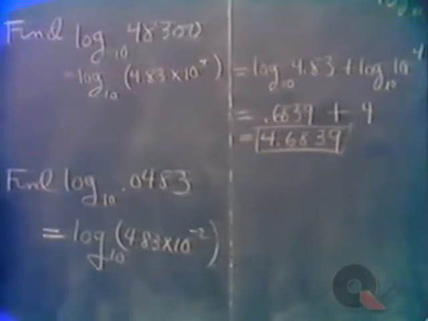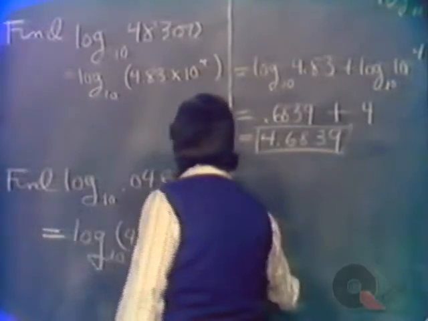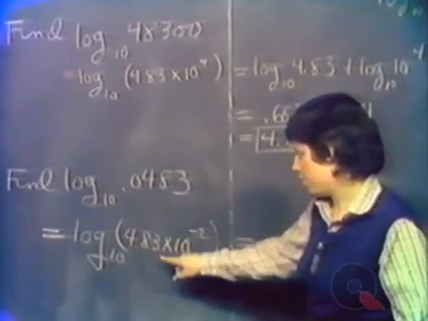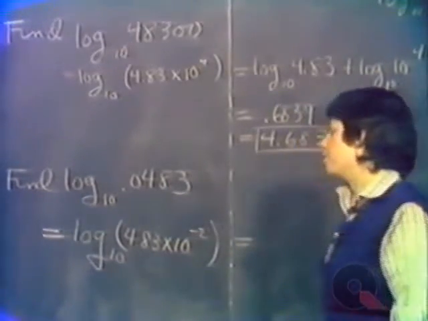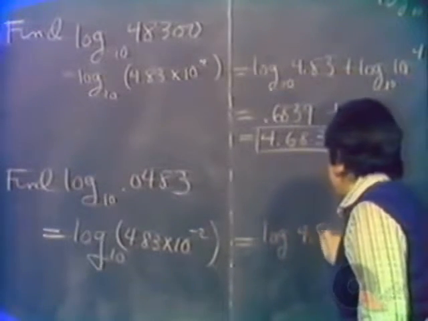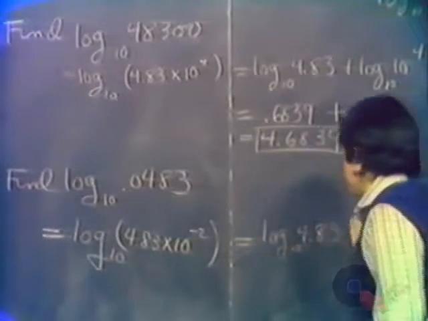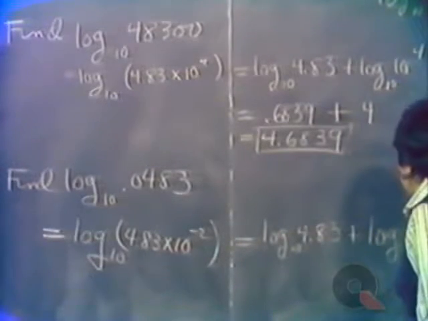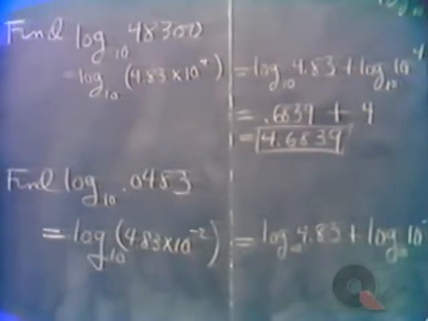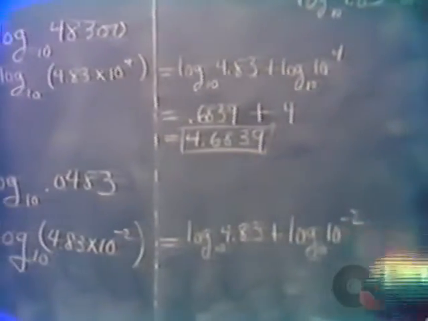Remember, this came from the preceding example. The log of a product is the sum of the logs of the factors. So we have the log of 4.83 to the base 10 plus the log of 10 to the minus 2 to the base 10.